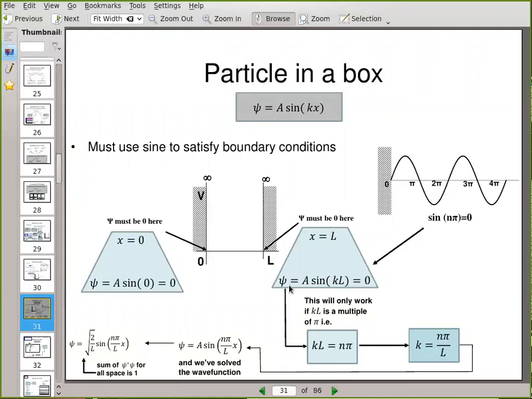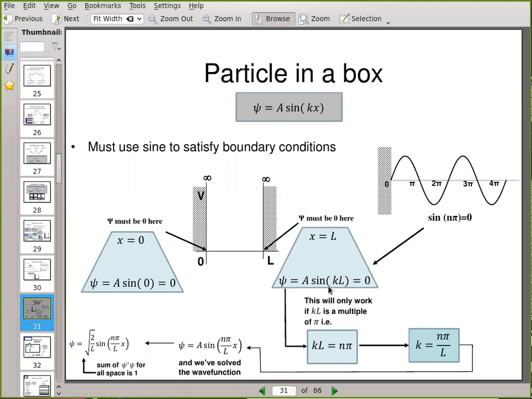So if we replace x with L, when x is L, psi must be zero. So when x is L, sine has to be zero. And it only works that sine of KL is naught if KL happens to be a multiple of 180 degrees.